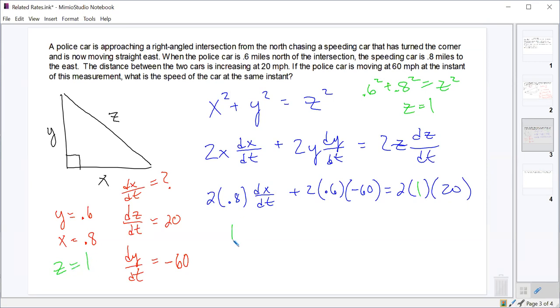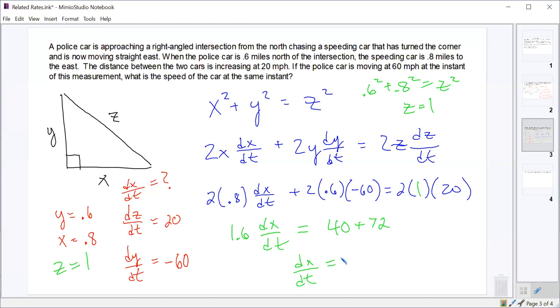And so now we end up with 1.6 dx/dt equals, what is this, 40, and then plus, what is that? That's 1.2 times negative 60. That ought to be 72. And what do we end up with for dx/dt? We got 112 divided by 1.6.